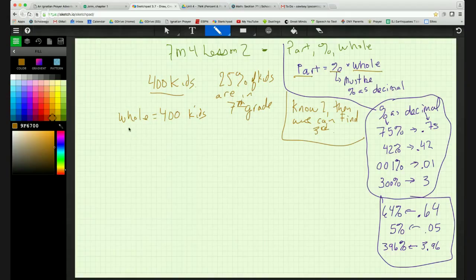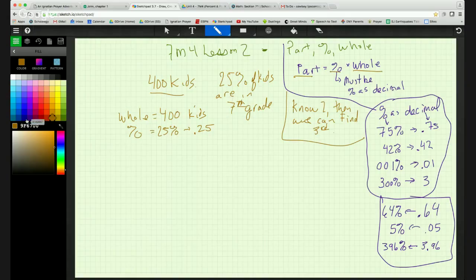So our percent is 25%. And remember, whenever we deal with percents in this equation, it must be as a decimal. So that's 0.25. And what we don't know is the part. What part of the kids are in 7th grade?